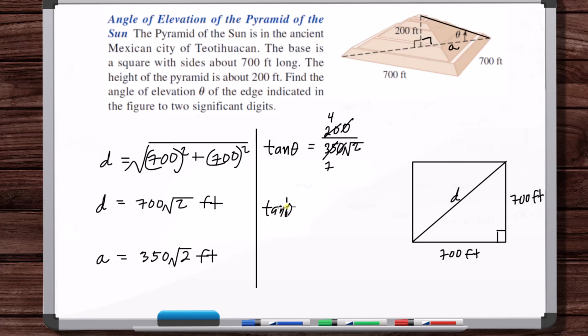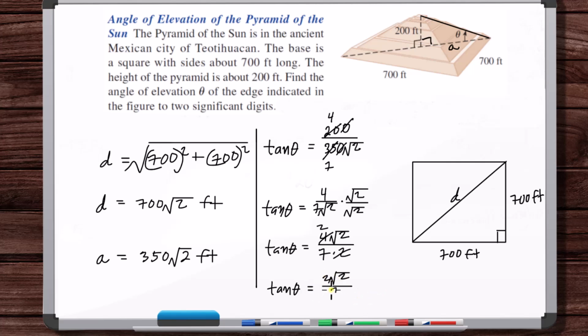So tangent theta is equal to 4 over 7 root 2. We could rationalize this, why not? Multiplying by root 2 over root 2, we get 4 root 2 divided by 7 times 2. So tangent theta is equal to 2 root 2 divided by 7.